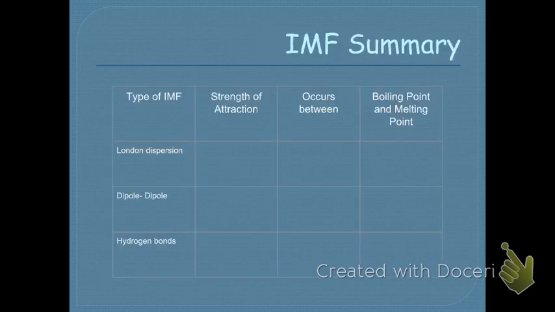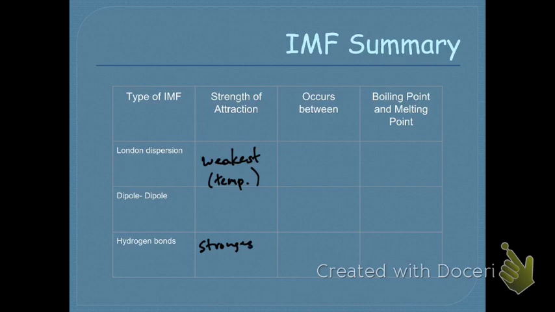So let's just do a recap. We have three types of IMF: London dispersion, dipole, hydrogen bonds. London dispersion forces are the weakest, right? Why? Because these dipole moments are temporary. Dipoles are the next, I guess, and the hydrogen bonds are the strongest.